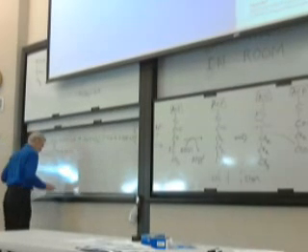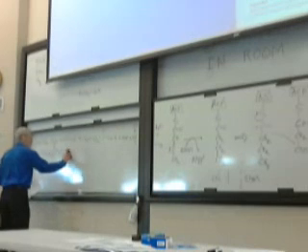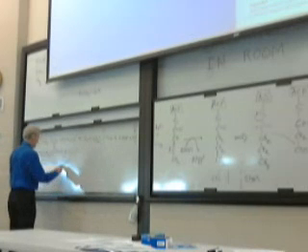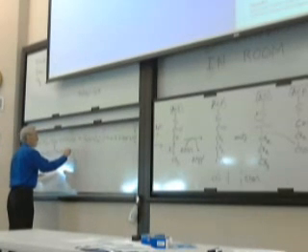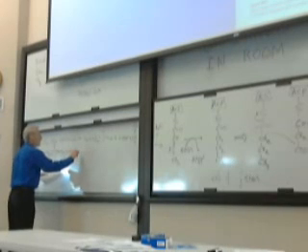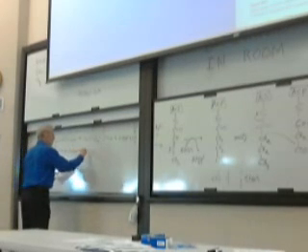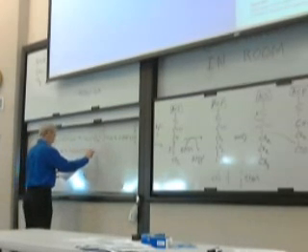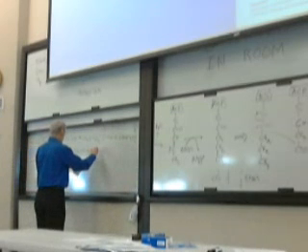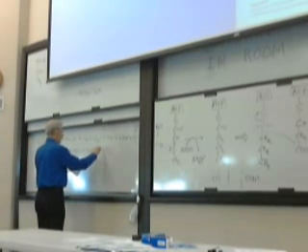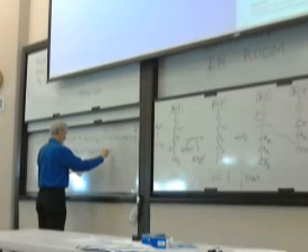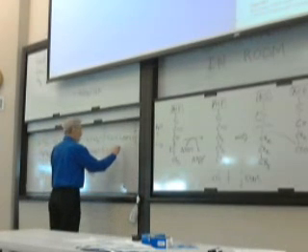So that's going to be 5 molecules of FAD plus 5 molecules of NADH plus 5 molecules of coenzyme A plus 5 waters.